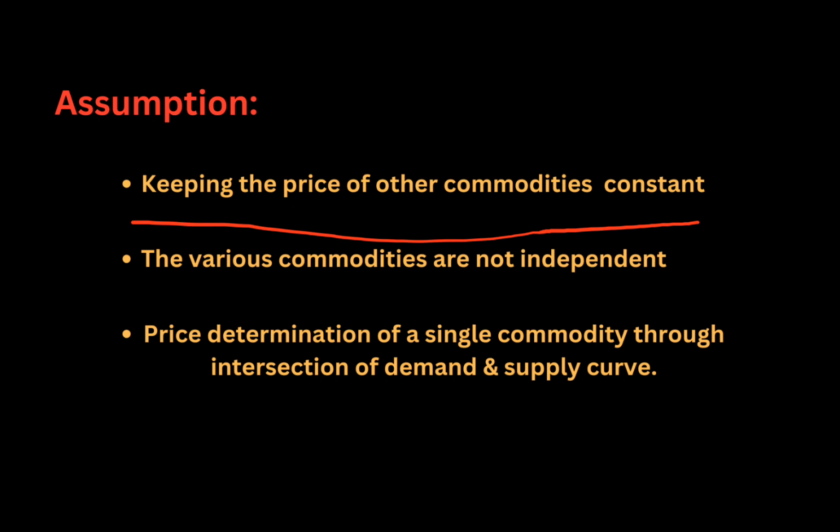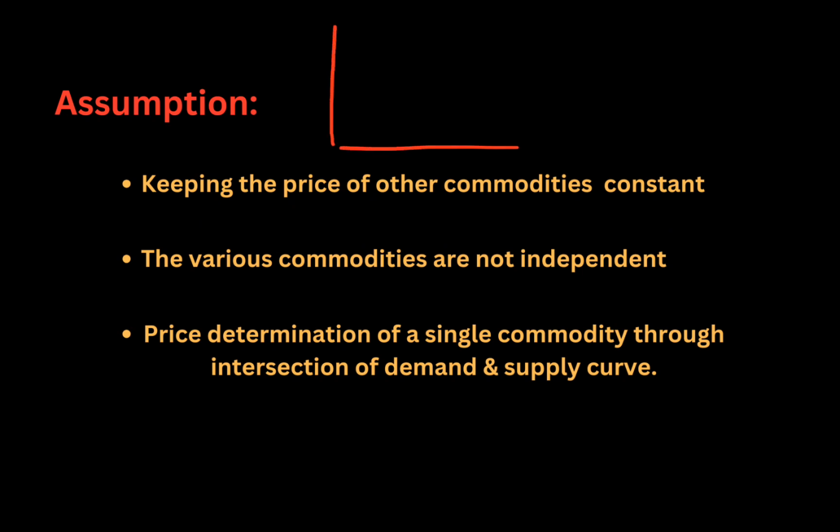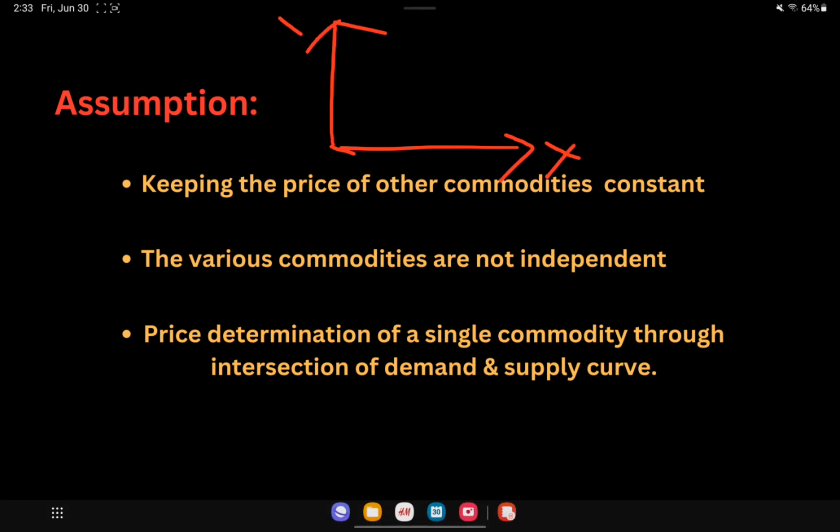The various commodities are not independent. Every commodity is not independent in this market. The price determination of a single commodity is through the intersection of demand and supply. Let's take this graph, the graph of a single commodity. This is the x-axis, this is the y-axis.